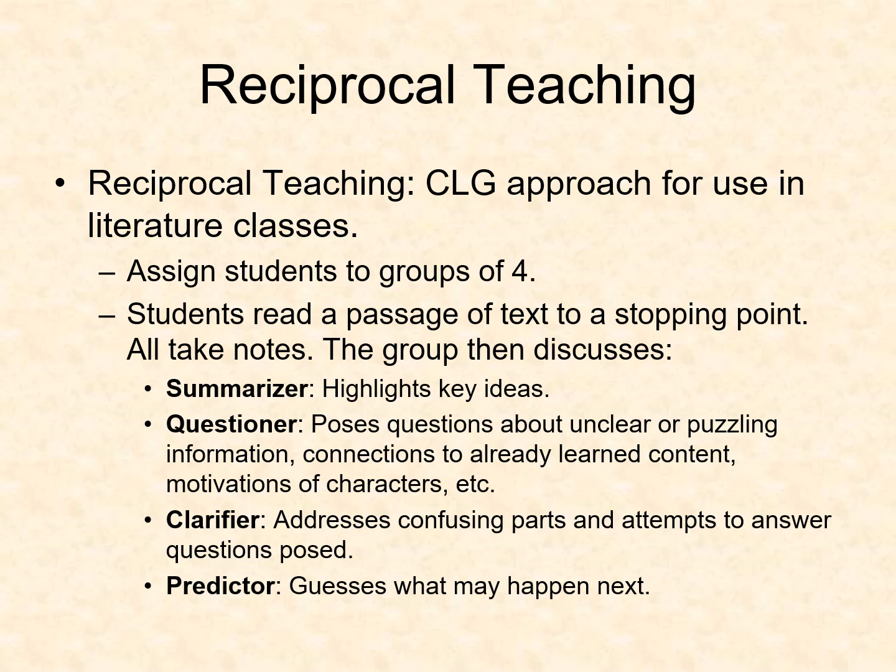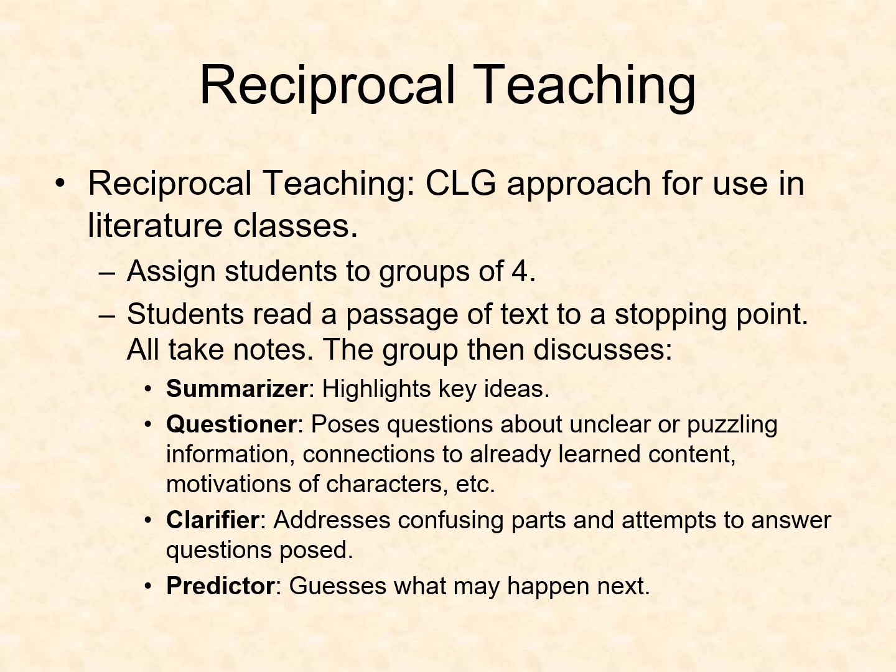So in literature class, students are reading a passage of text, and then they're assigned to stop at a certain point. Everybody takes notes, and then the class will break into groups, and in each group you'll have these 4 roles. You'll have one person who's going to focus on summarizing or highlighting the key ideas.